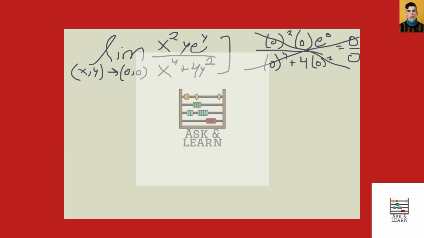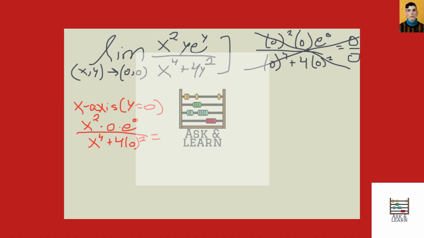So we can start by saying the point is approaching the origin on the x-axis, where y equals 0. And if y equals 0, we can plug that in: x squared times 0 times e to the 0 over x to the fourth plus 4 times 0 squared.